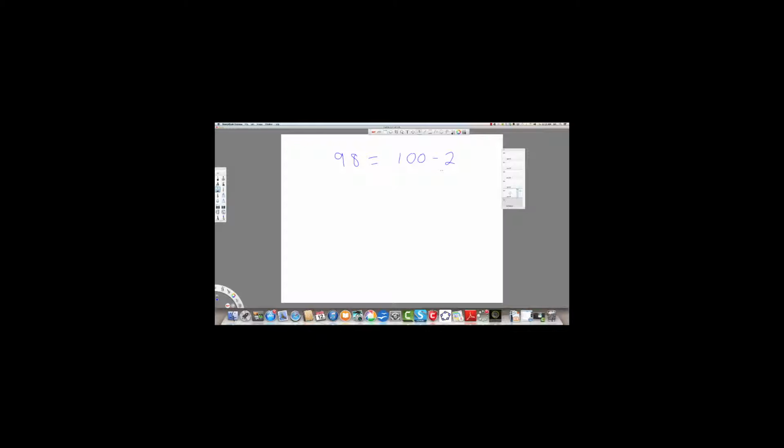So let's see. Let's try, here we go, 52 times 98. And what is that going to equal? Well, if we use this, it's going to be 52 times 100 minus 2, because that's equal to 98. I just did a substitution, and going to just stick 2 zeros on that.